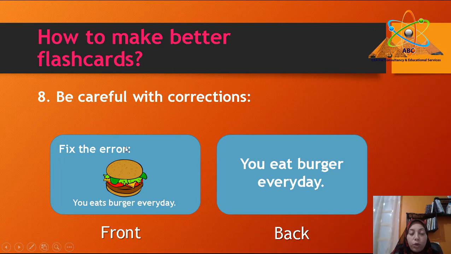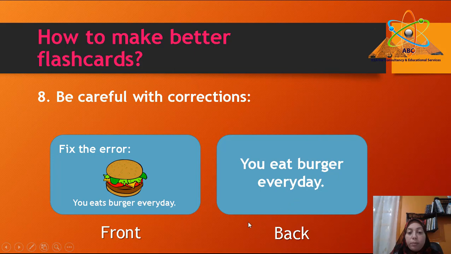Because when the student looks at the flashcard and finds this picture, you eat burger every day, he is going to memorize it like this. So he is going to learn that you comes with eats. This is the wrong one, not the correct one. He is not going to memorize the one on the back because you are showing the picture here and the fun is here, and back there is nothing. So what to do?